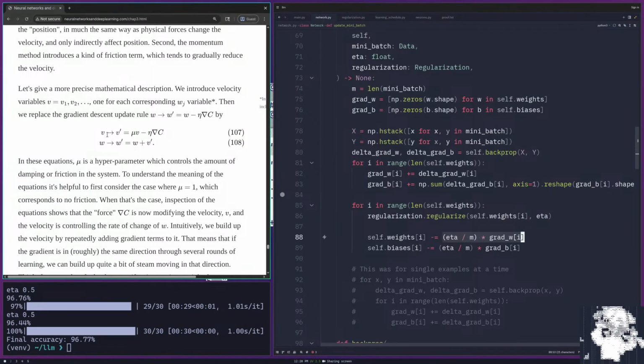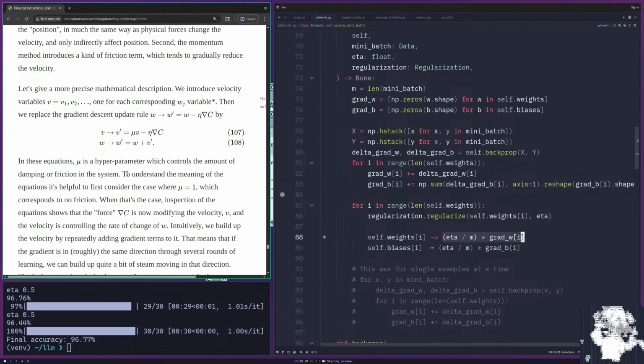Okay, so they're saying don't directly change w by this. Instead, keep track of a v that's like a velocity, change the velocity, and then use the new velocity to update w.